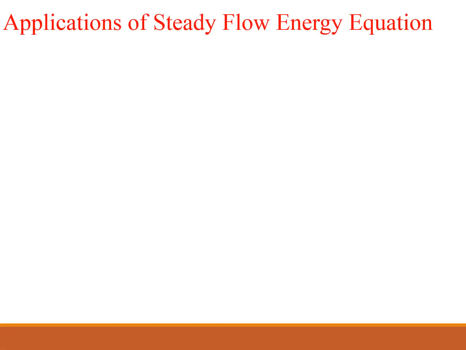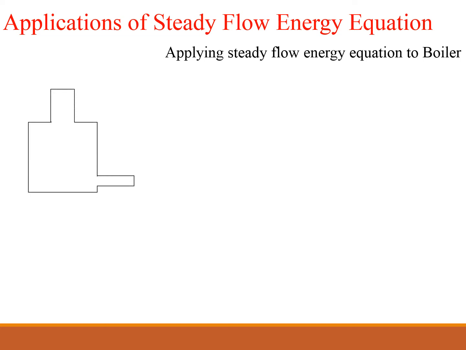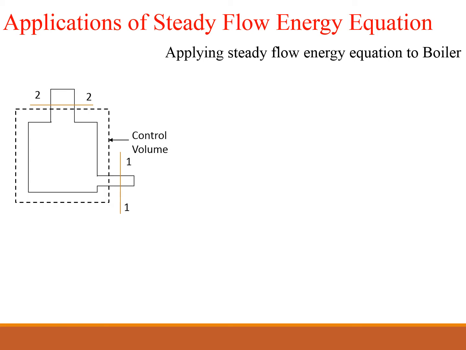We can apply the steady flow energy equation in different applications. The first application is the boiler. In a boiler, heat is added to water, and due to the addition of heat, water is converted into steam.